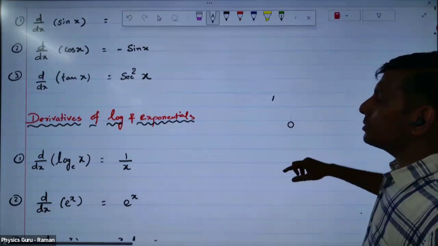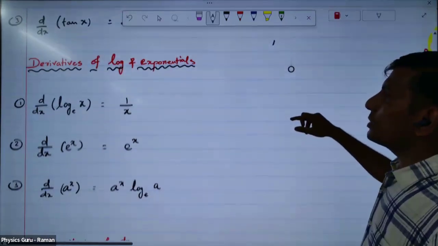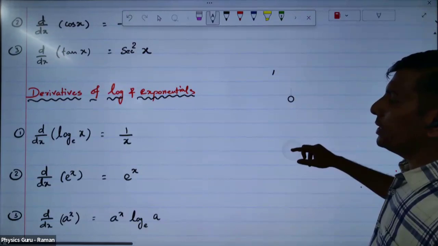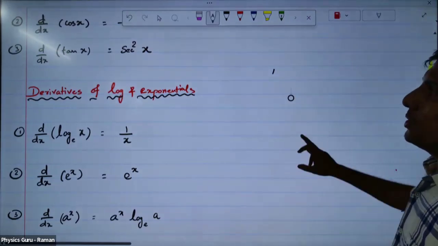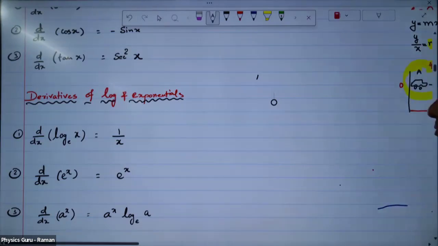Observe this. Every equation for derivatives of exponentials. So can you go a bit up?